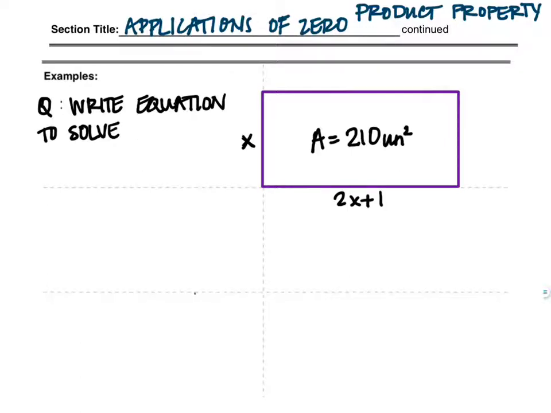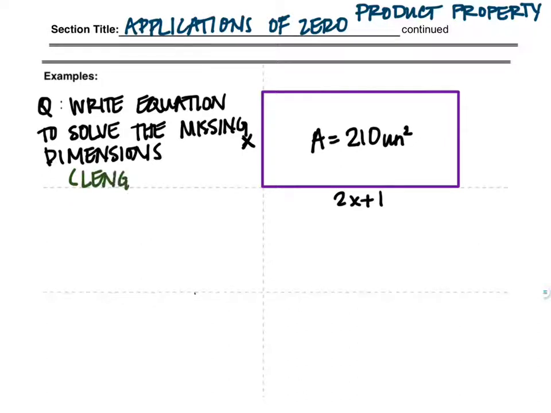Say to solve the missing dimensions. Let's do that. And again, dimensions in this case are the length and the width. So maybe we should add that in just in case we're not quite sure what we mean by dimensions. So again, talking about that length and the width. Okay, and that's what it means for dimensions.